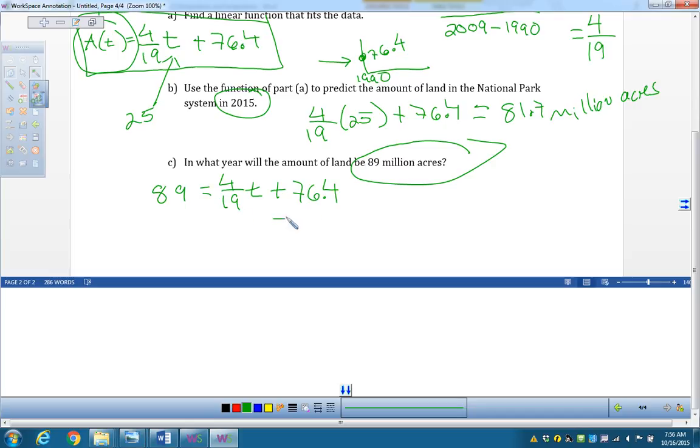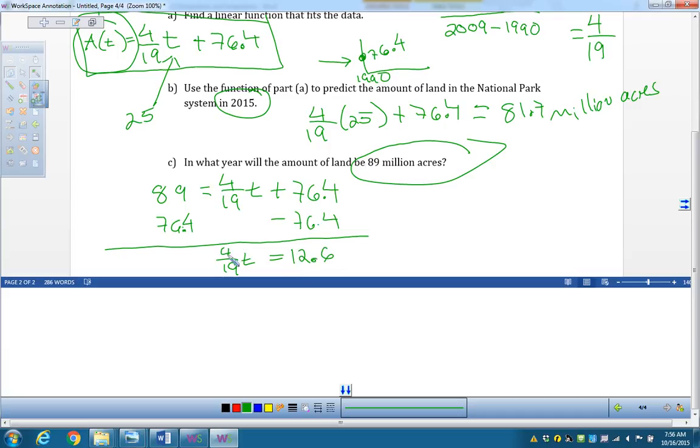I subtract 76.4 from both sides. That gives me 4 over 19t equals, what's that? 76.4 from 89. 12.6? Is that right? I think that's right. 12.6, that's right.